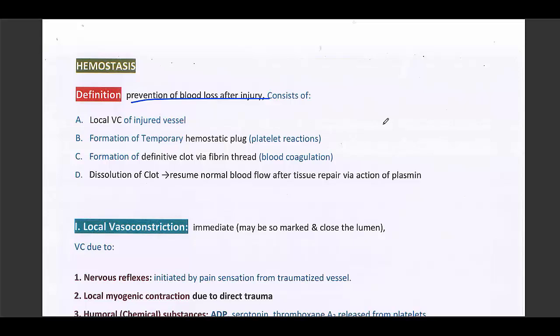It is a mechanism that helps prevent blood loss. Let's start with local vasoconstriction. Vasoconstriction means this is a normal-sized capillary, and when vasoconstriction happens it becomes smaller in diameter, like this. Yes, that's at an injury site.